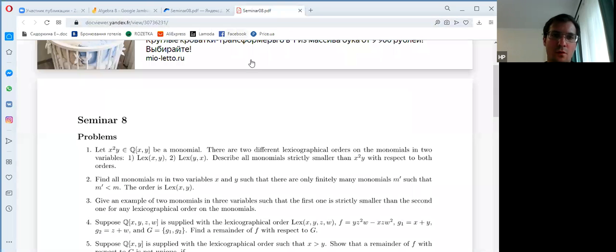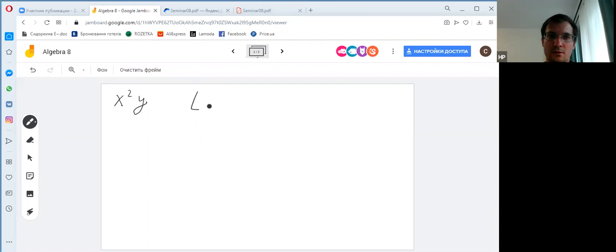We have two orderings. The first is lex xy, and the second is lex yx.